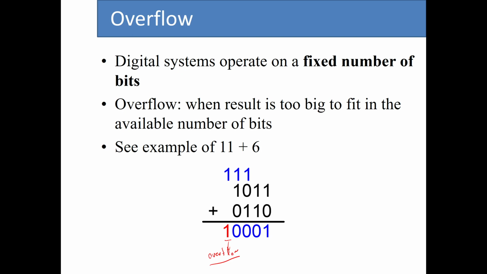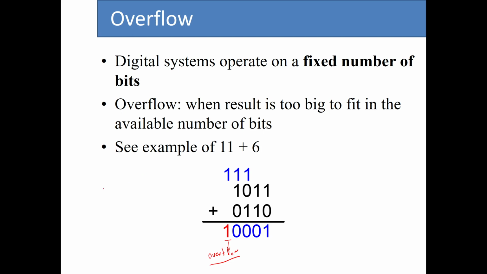So to say it in another way, if you remember from a previous video, we said that depending on the number of bits that we have for a binary number, there is a range of values that can be represented.